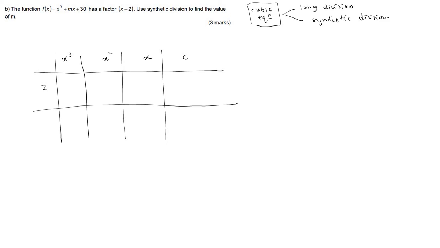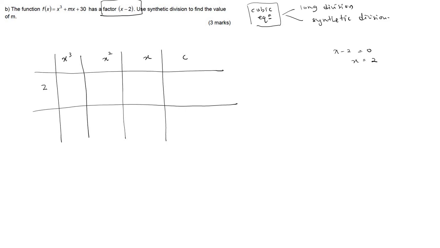Okay, first, after we construct the table, why 2 here? Because factor x minus 2. Factor x minus 2 equals 0, so x equals 2. Okay, we put 2 here.